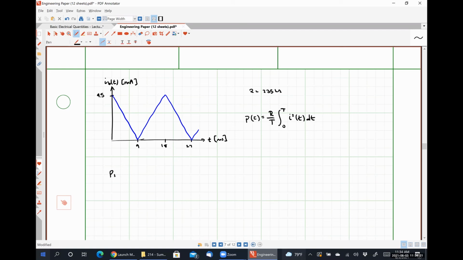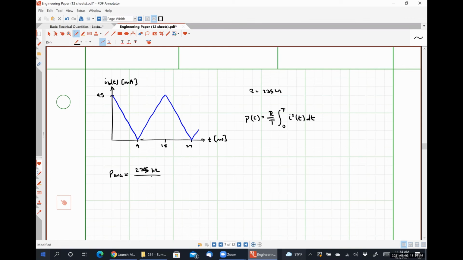So our average power is going to be R, 235 kilo ohms, divided by our period, which in this case, our period is what? 9 milliseconds.